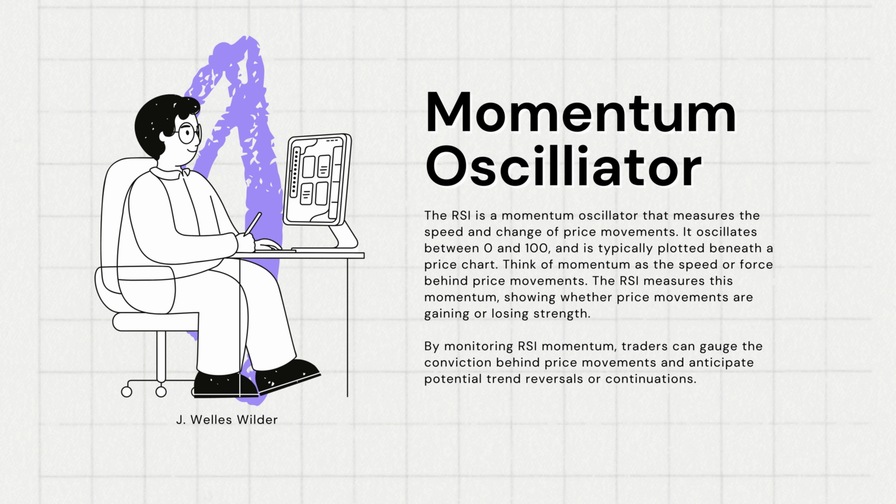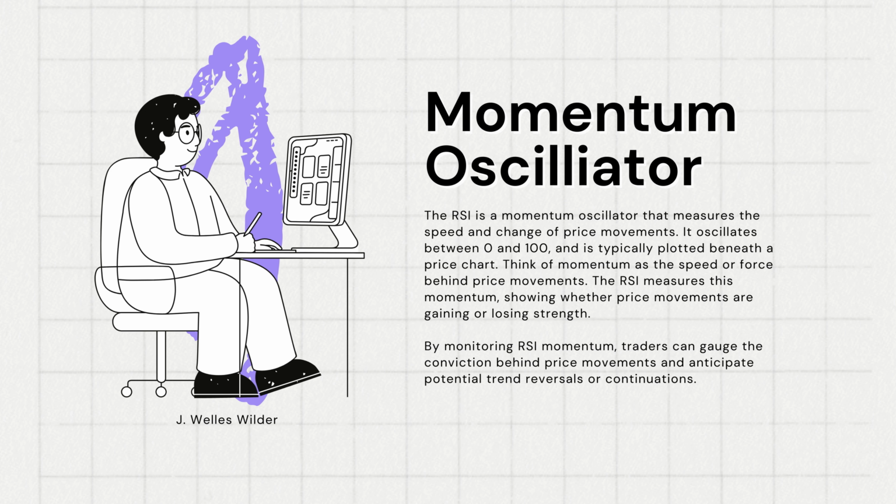This indicator was developed by a man in the 70s, and it's a momentum oscillator that measures the speed and change of price movements. It oscillates between 0 and 100, and it's placed below the price chart. Think of momentum as the speed or force behind a price movement.